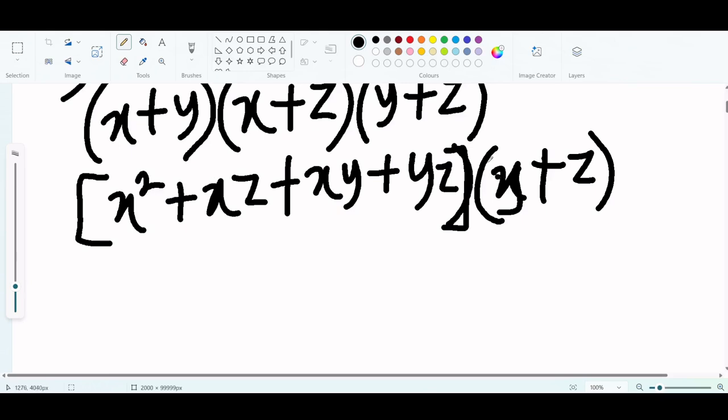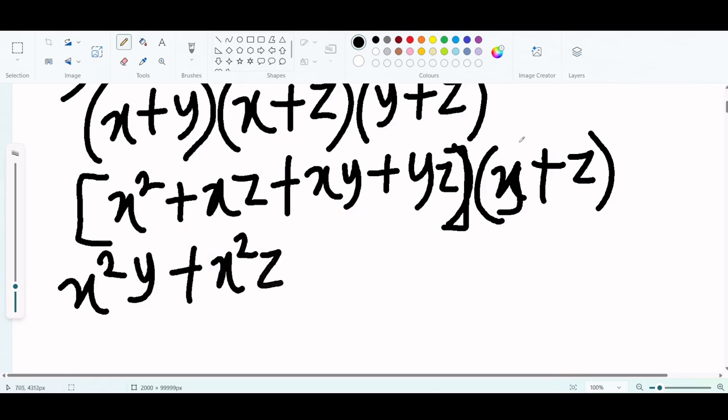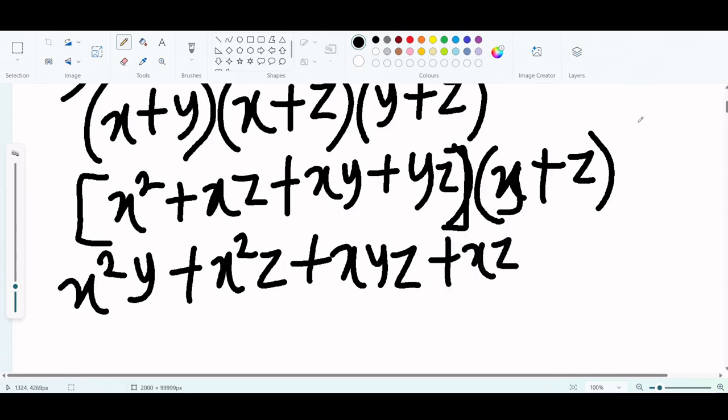So x squared times y is going to be x squared y. Then x squared times z, so that will be x squared z. Now xz times y is going to be xyz. Now xz times z, that will be what? xz squared, right?